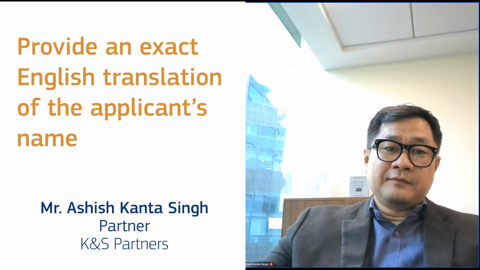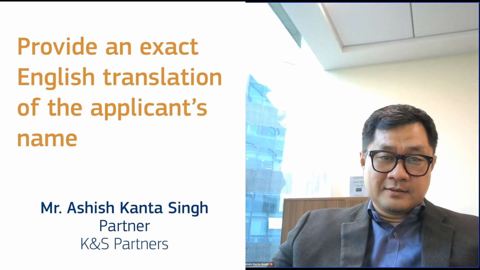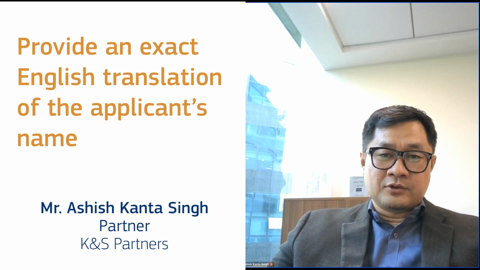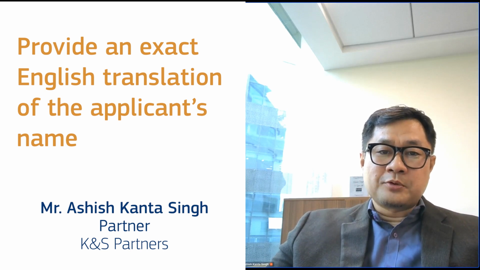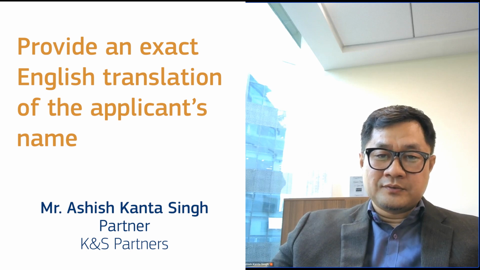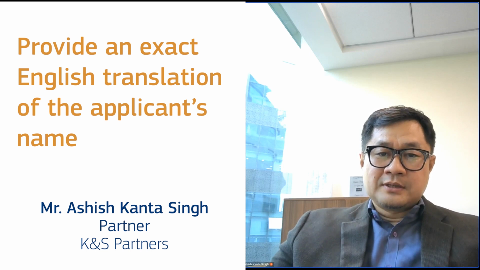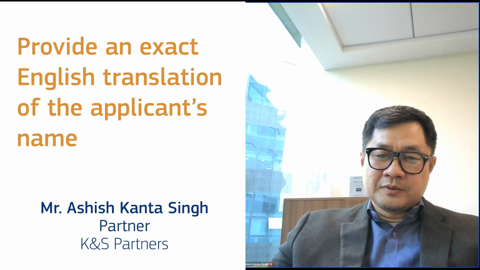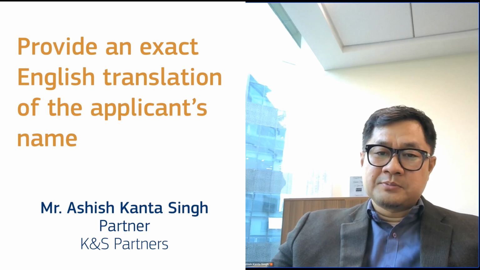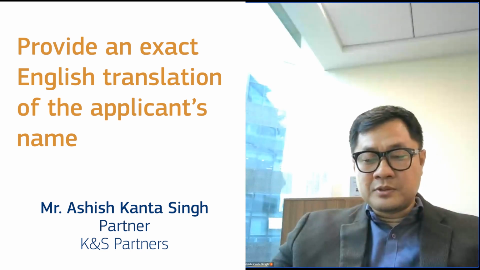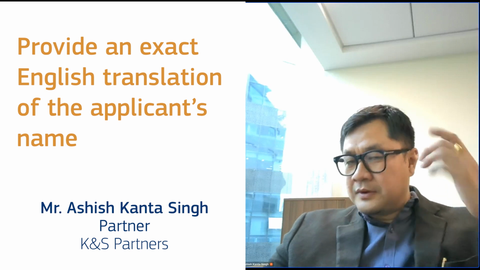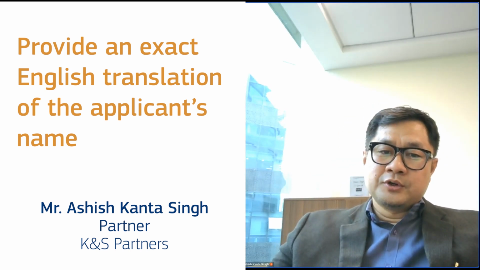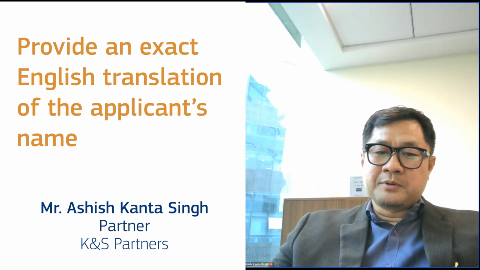If the name of the applicant is in a non-English language, they expect us to provide the English translation of that name. Say, for example, when we were prosecuting the application for Parmigiano Reggiano, so many of you may already be aware that the body responsible for the protection of Parmigiano Reggiano, the one where we filed the application, was Consorzio del Formaggio Parmigiano Reggiano.